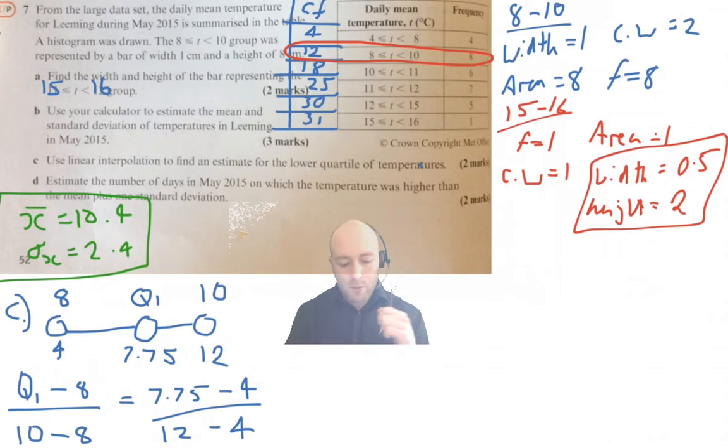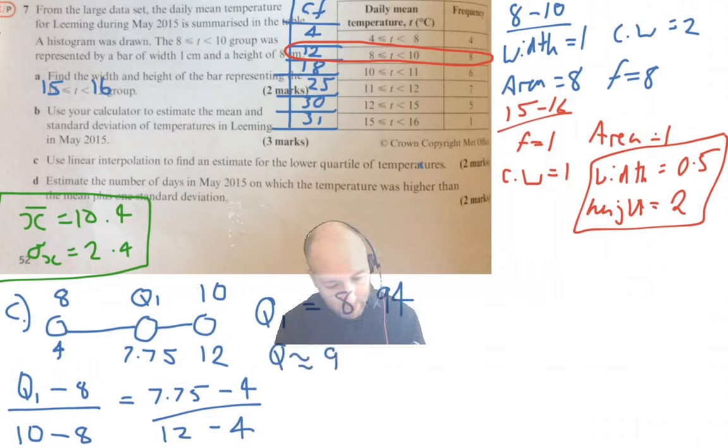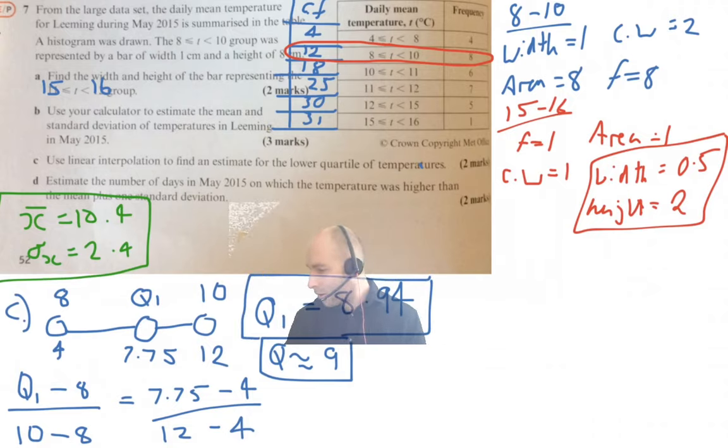So if I type all that into a calculator, we end up with Q1 equals 8.94. If you wanted to round that to 9, you could say, yeah, Q1 is about 9. Cool, which I believe is what you guys got.